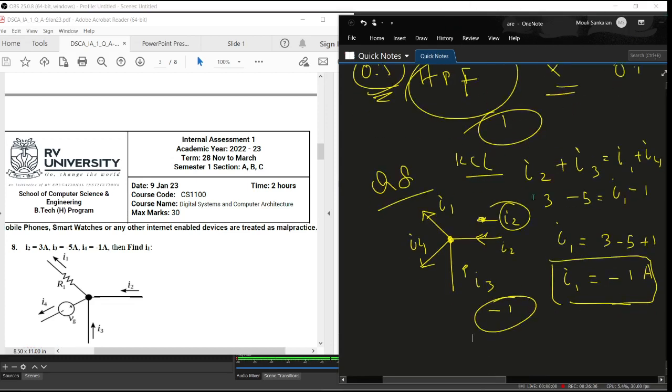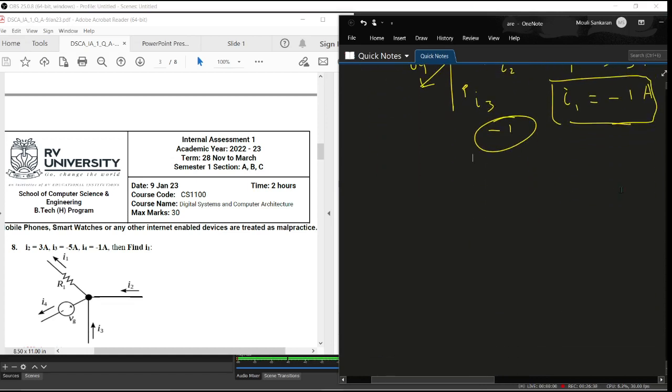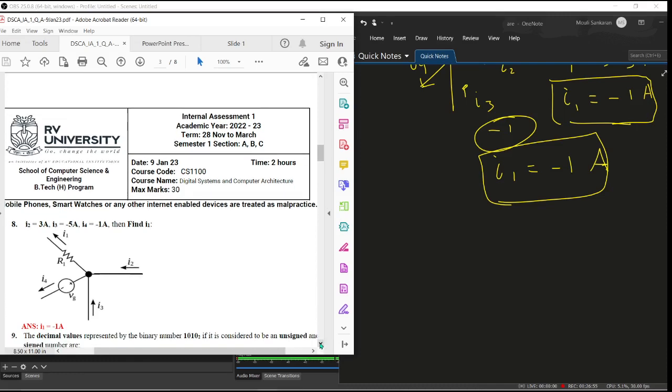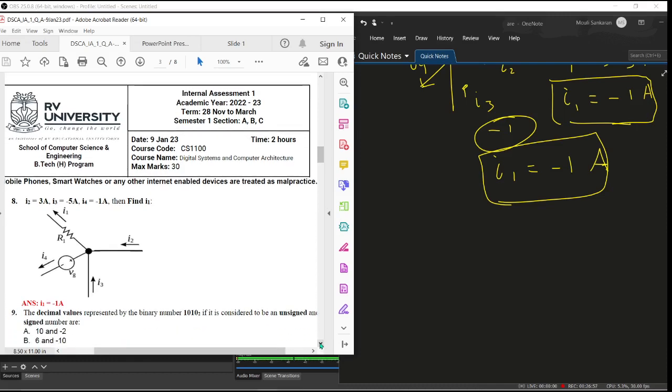But since this is the first examination in this, they will give you the mark even if you have written I1 is equal to minus 1, which is wrong. You should say whether it is ampere or voltage or whatever. Okay, but if you have written plus 1 or other values, you will not get the marks for it.